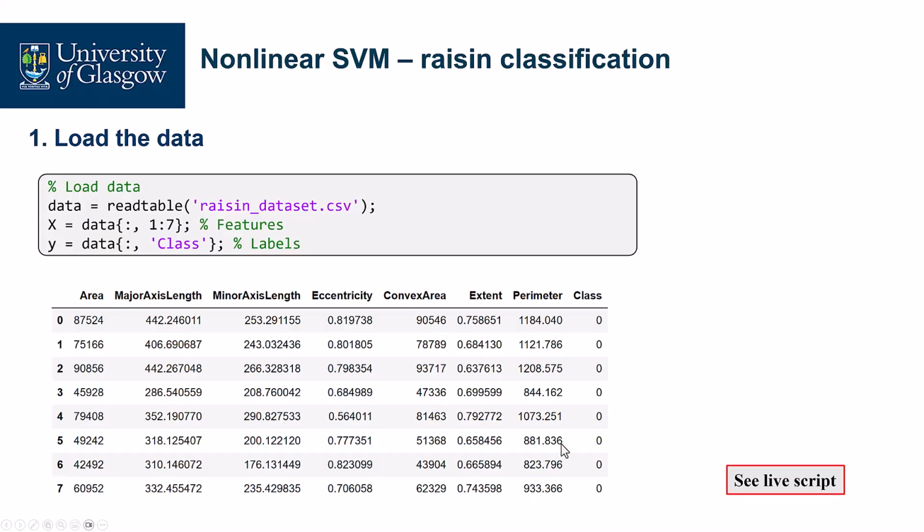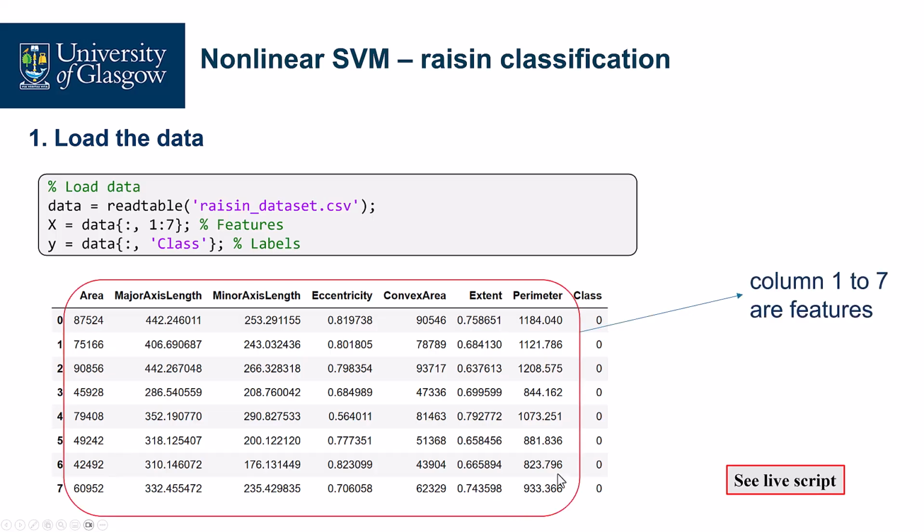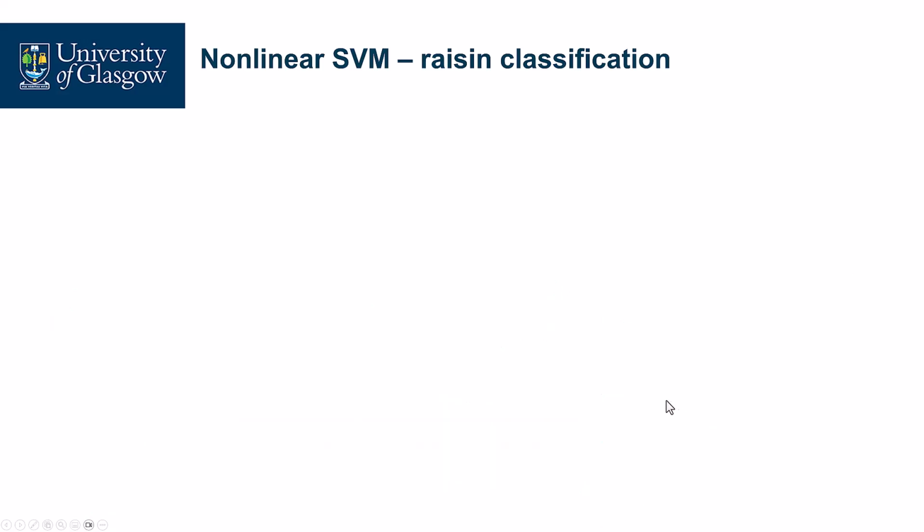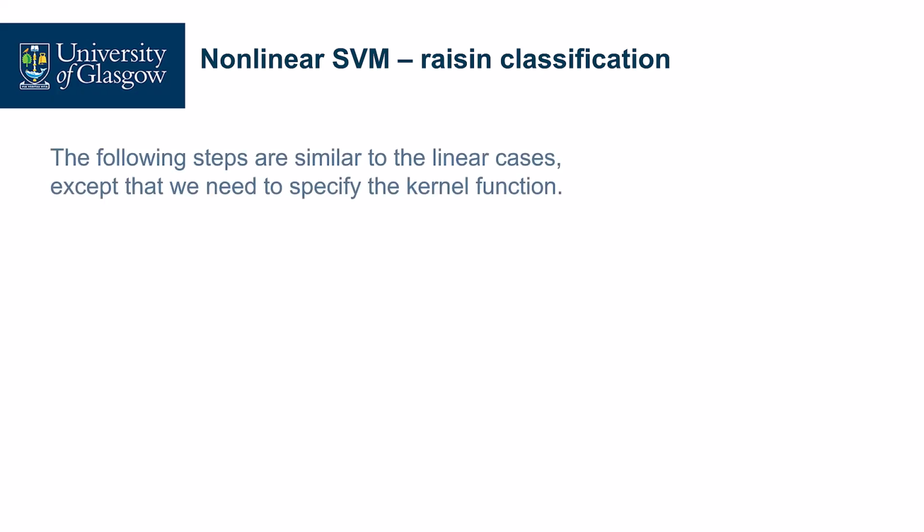We can see in this one, these columns are the features and these are the labels, right? And then we will train a nonlinear SVM. In implementation, this is very similar to the linear SVM, except the difference is we need to specify the kernel function.